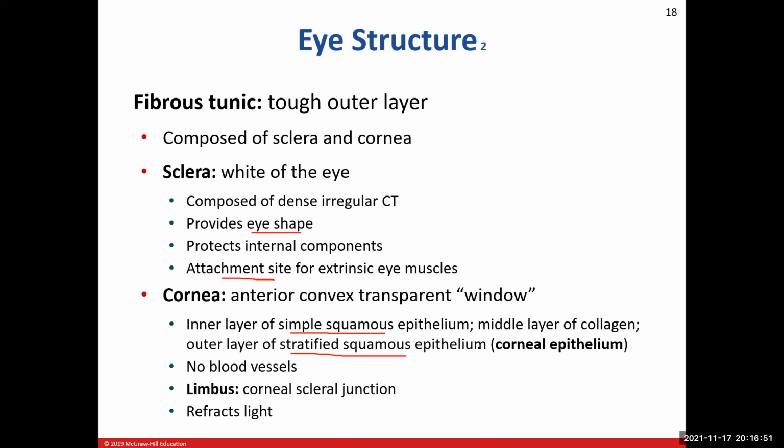And that collagen is going to help to offer structural support to the cornea. But there are not going to be any blood vessels located in the cornea. So the only way for the cornea to receive nutrients and get rid of waste is through the process of diffusion.